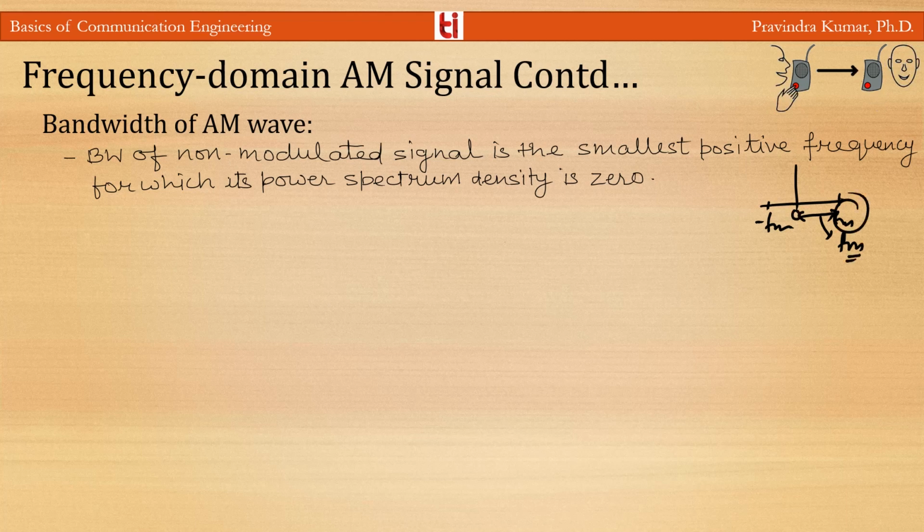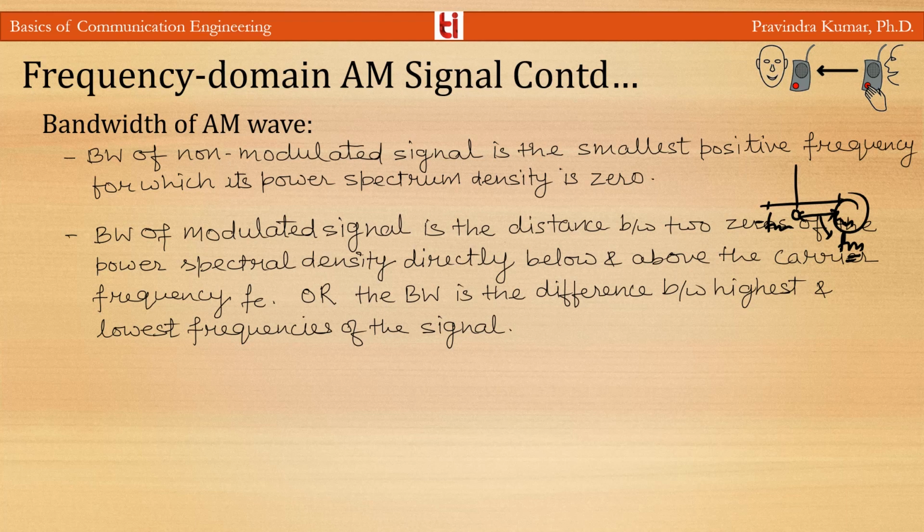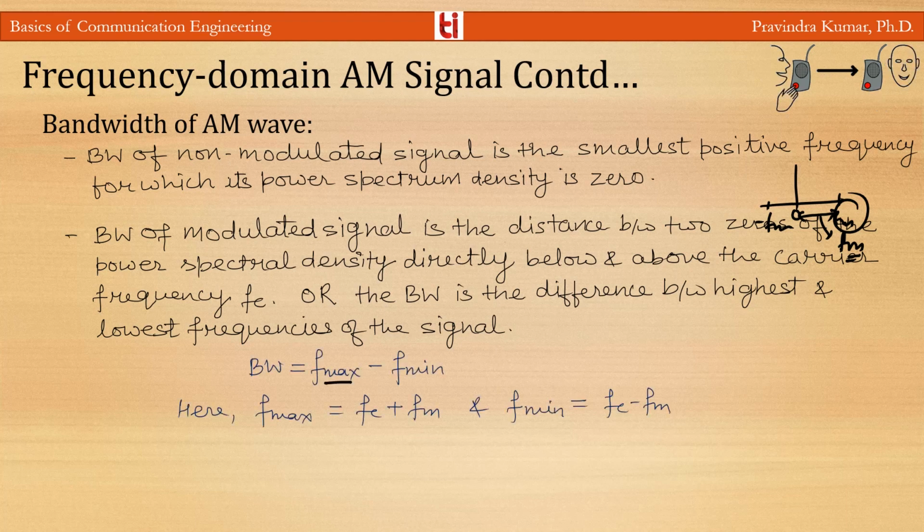And the bandwidth of the modulated signal is the distance between the two zeros of the power spectral density directly below and above the carrier frequency fc, or you can say the bandwidth is the difference between the highest and lowest frequency component of the signal. So the highest frequency component f max is fc plus fm, and the minimum frequency component is fc minus fm.